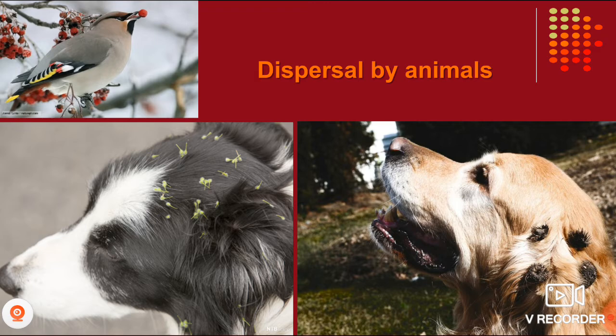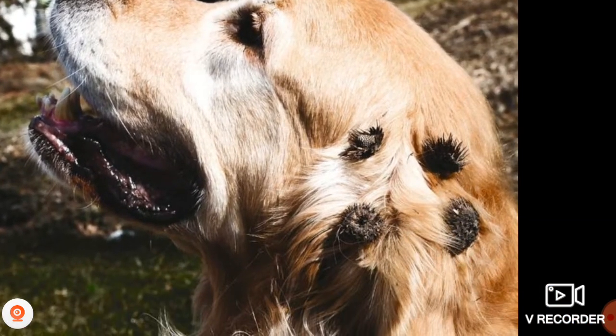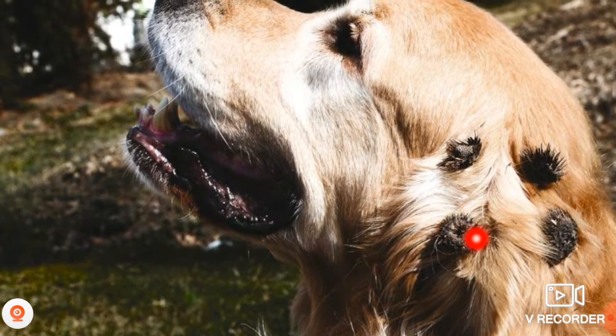Here you can see this dog is having long hair, so these seeds are attached to that hair. Here you can see how these hook or spine-like structures are helpful in attachment. Wherever this dog goes, once the time comes, the seeds will be loosened and will spread from one place to another.